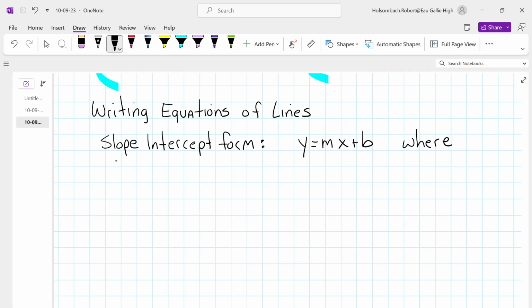Where m is the slope and b is the y-intercept.